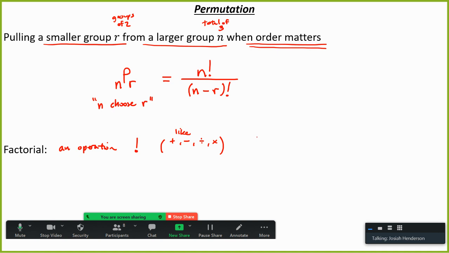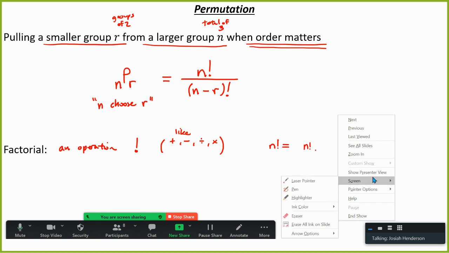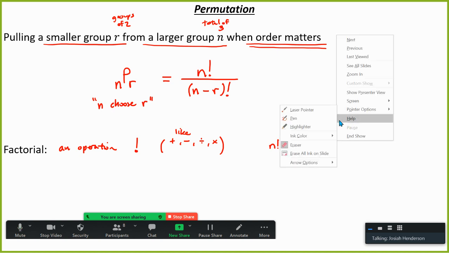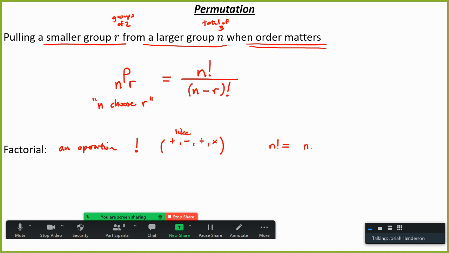Whenever we have the exclamation point, the factorial, n factorial would be defined as the number n times the next number down, times the next number down below that, and so on, all the way down to 1.